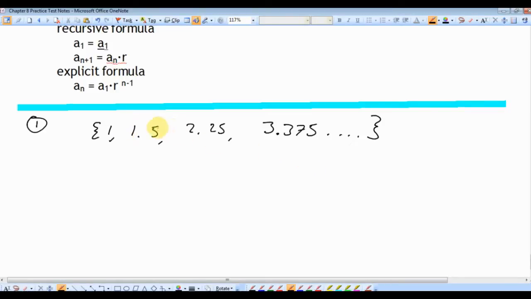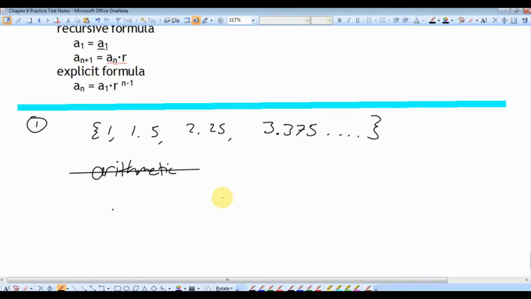It doesn't look like we're adding the same thing over and over again either, right? Doesn't seem like we're adding 1.5 plus another 1.5 would be 3. So we're falling short. So this is not arithmetic. So definitely not arithmetic. I wrote that just so I can cross through it.